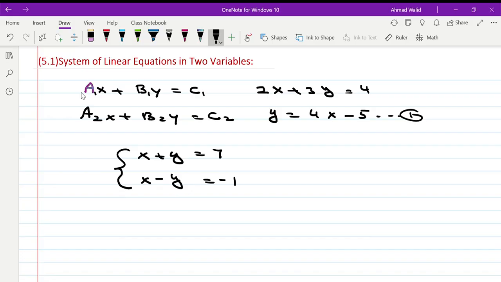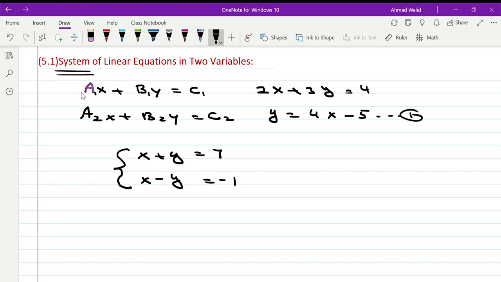Because you're dealing with two equations at the same time, we call them a system of linear equations. A lot of students have asked me why we call them a system. Because there is more than one equation, correct?